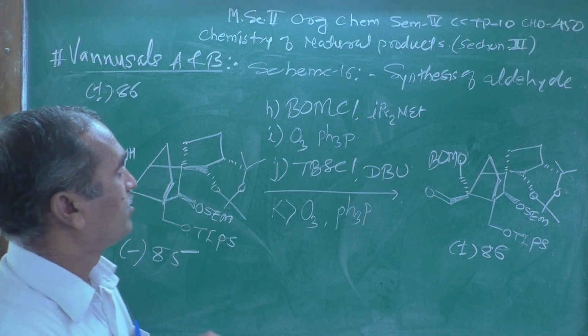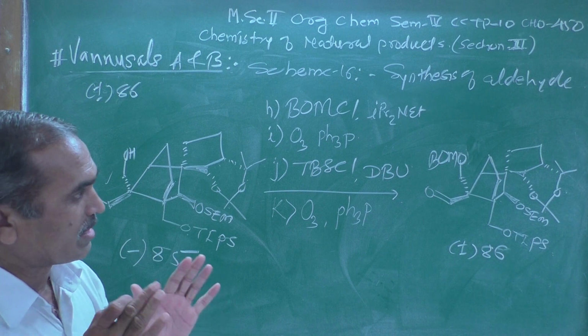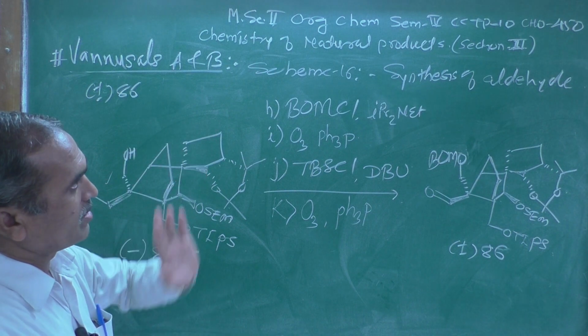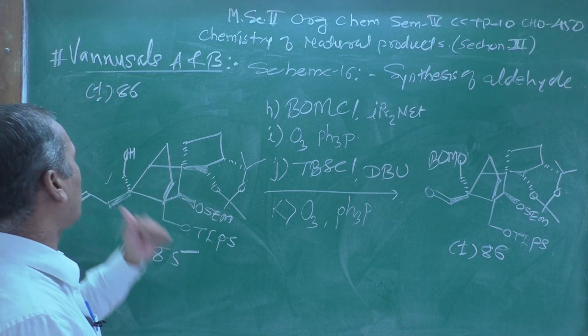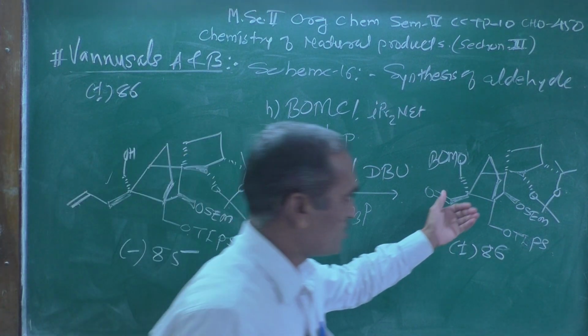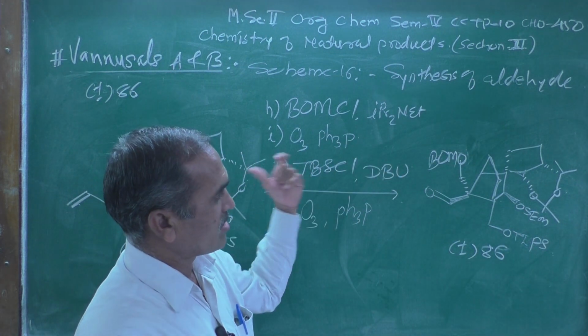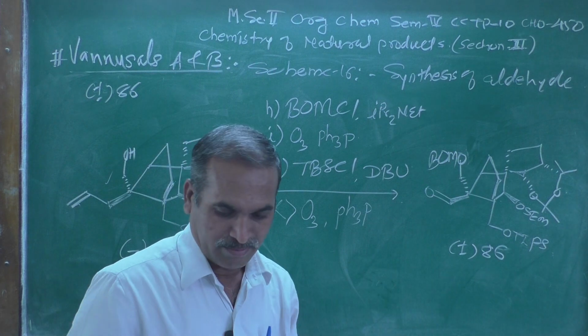So today what we are going to discuss is scheme number 16, synthesis of aldehyde plus minus 86, which is already written on the blackboard and which we discussed in our previous lecture.